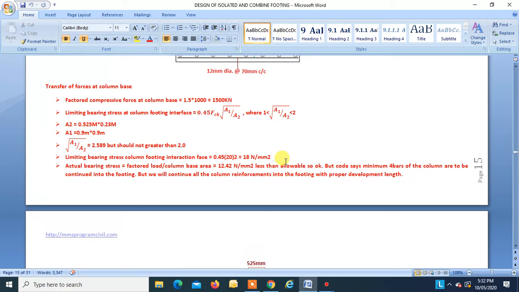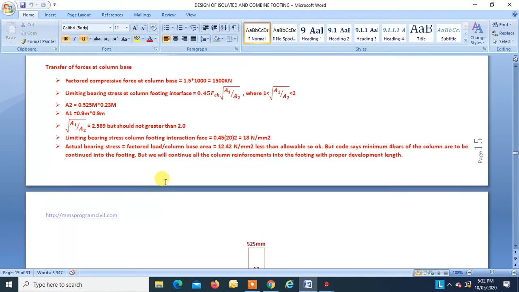So the code says that though our actual bearing stress is less than allowable, still you have to at least continue four diameters of the column at the corners, the stirrups or ties you can say, to be continued in the footing.